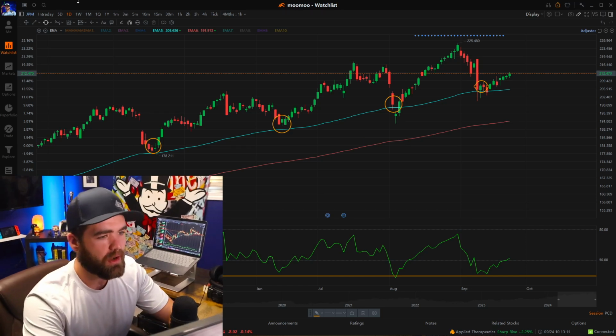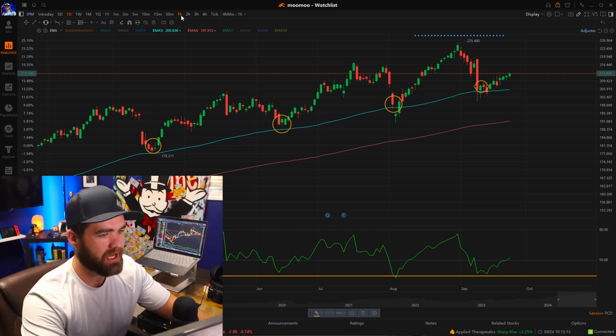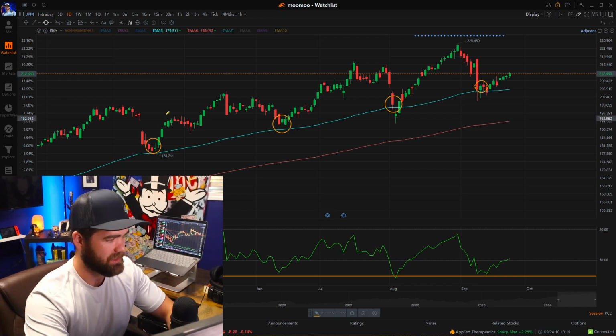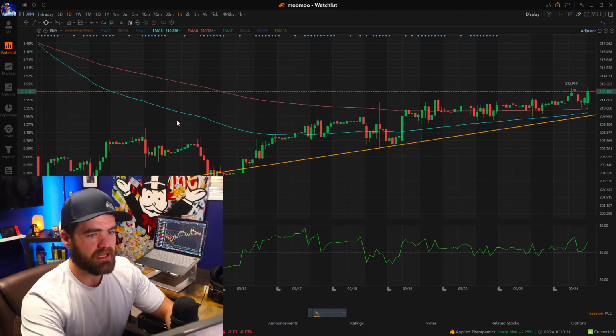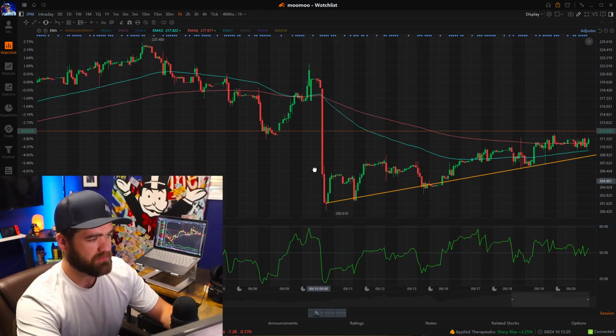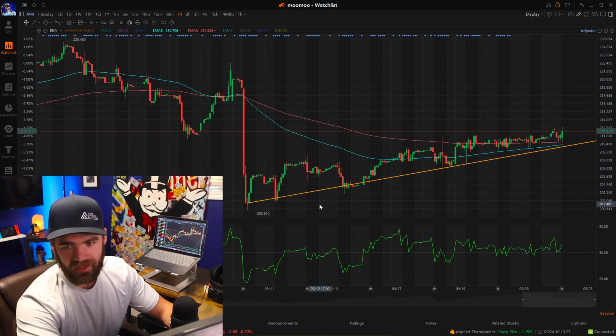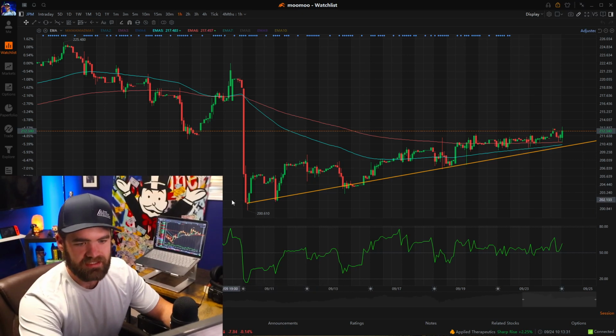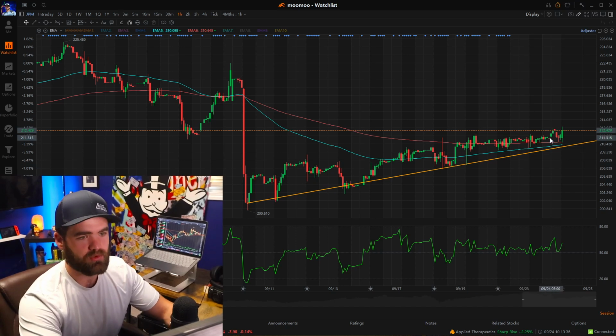Another thing that you want to do here is go to a lower time frame. Right now we're on the daily, right? Each candlestick represents 1 trading day. So the next thing I do is I go to a lower time frame, and I want to see if I can find another trend line. And that's exactly what we have right here. You guys can see where the stock hits this trend line on the hourly, and we get great buying pressure.